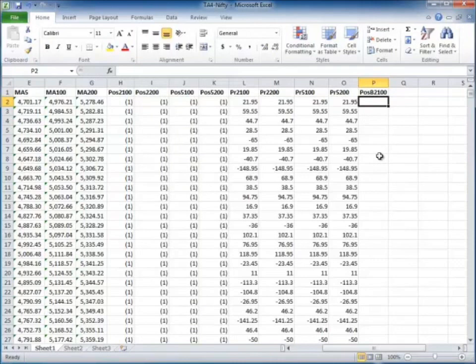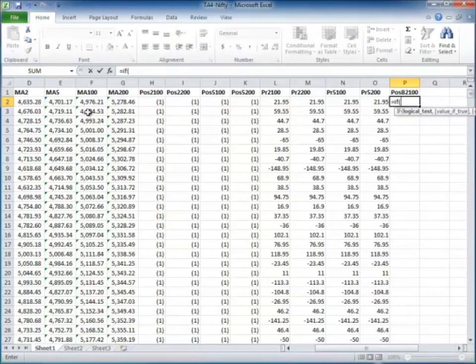Alright. And what we do here is we say that if the 2-day divided by the 100-day is greater than 1.01, this essentially means the 2-day MA is greater than the 100-day MA by more than 1%, then give me a long position.